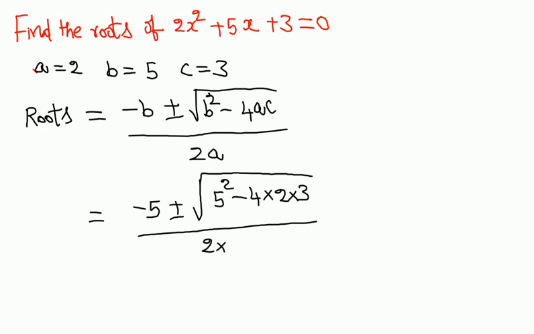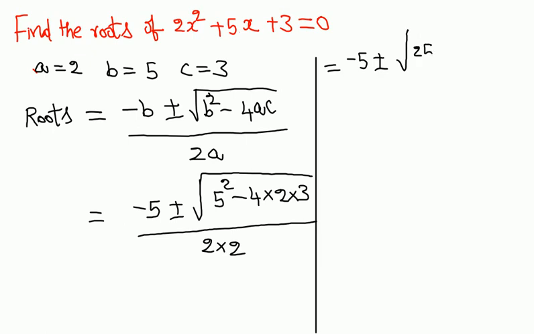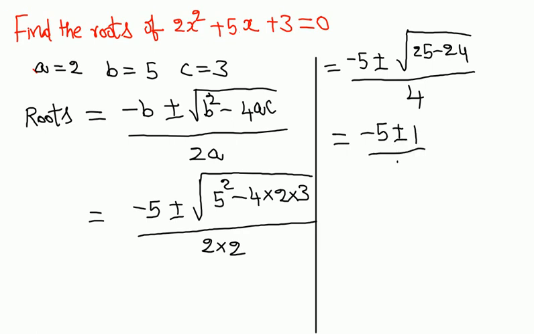So now let us simplify. 5 square means 25. So 25 minus 4 2s are 8, 8 3s are 24. So then we get minus 5 plus or minus square root of 25 minus 24 whole divided by 2 2s are 4. 25 minus 24 means 1. So its square root is equal to 1. So then we get minus 5 plus or minus 1 divided by 4.